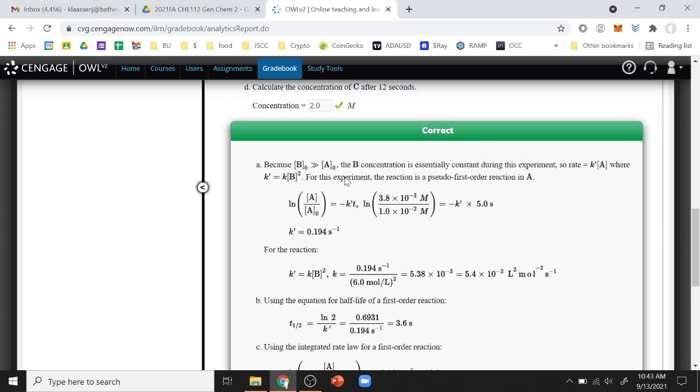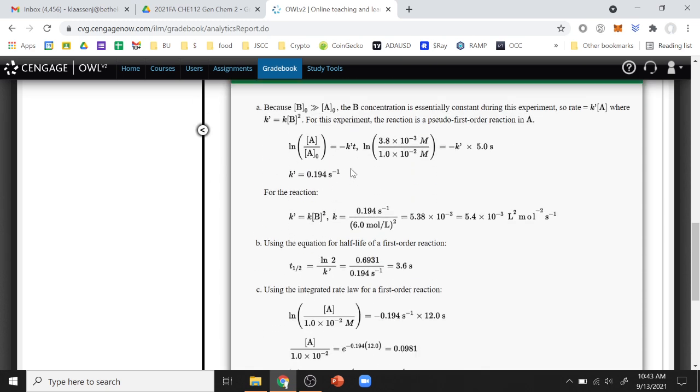Okay, so there is the integrated rate law that you would get for a first order reaction, right? We used the same thing up here, and that's the rate law right there.